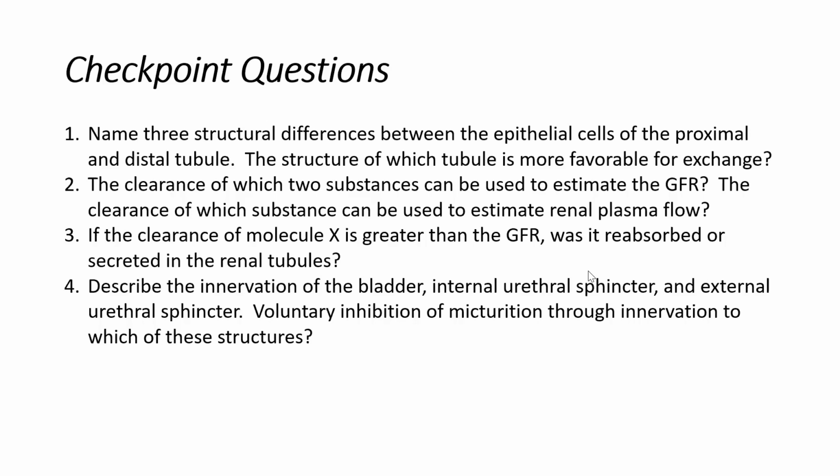So kind of a small hint here, but this is something that has to be aggressively secreted. So coming from the vasculature, being moved into the tubules at a really aggressive rate, and not being reabsorbed at all, because that's not going to tell us about flow. If it's going back into the vasculature, it's going to do the opposite. We want something that's coming from the vasculature, into the tubule. And so that would be the best predictor of blood flow, of renal plasma flow rate through the vasculature.